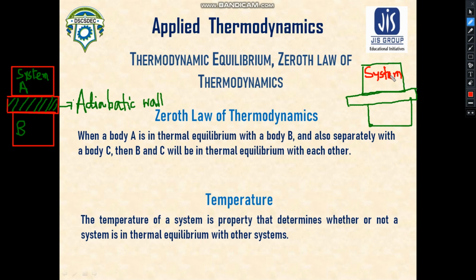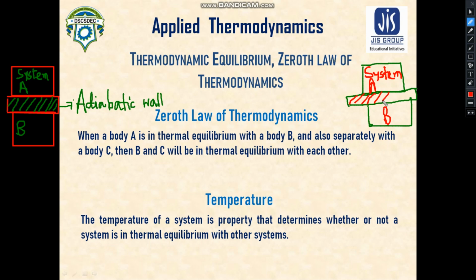A diathermic wall allows heat to be transferred from A to B. Let us consider this one as a metallic wall.